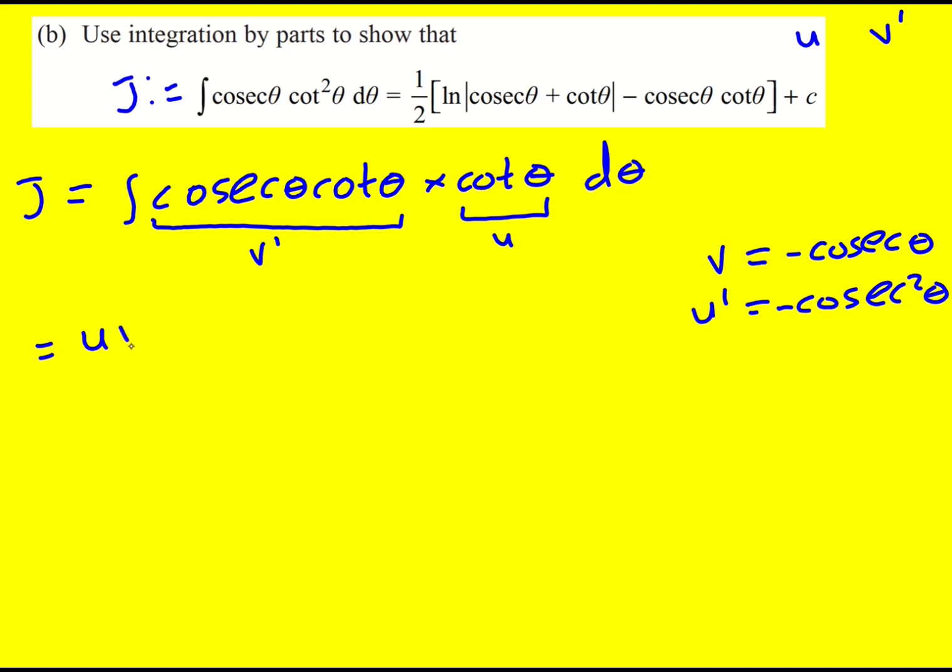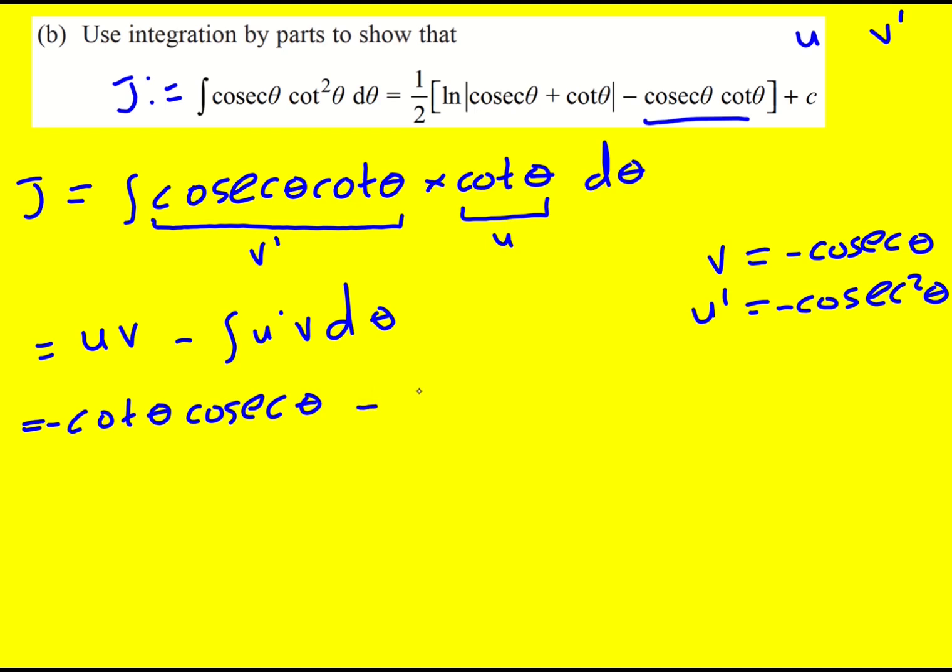So I get uv minus the integral of u dash v, which gives me cot theta times v, so cosec theta, just with a minus there. And then I'm minusing the integral of minus cosec squared theta times v, which is minus cosec as well. So I can just change it to a 3 here and get rid of the negative.